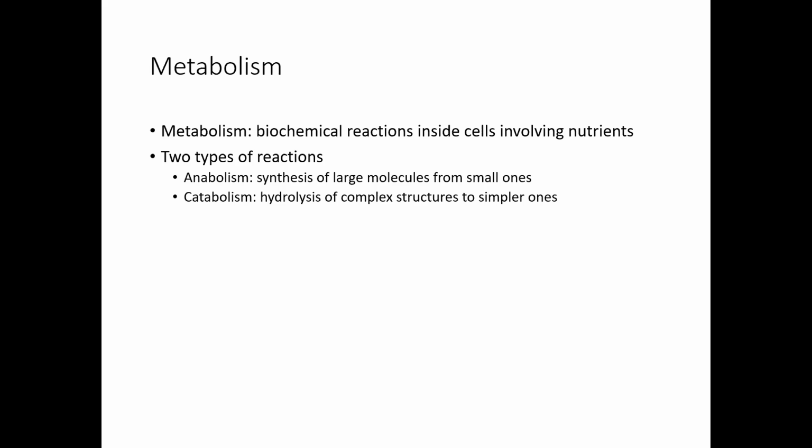That's an anabolic reaction. Sometimes we store it in the form of fat. That's also an anabolic reaction. We build things up. We store energy in these anabolic reactions. It takes energy to build up large molecules, and we're using that energy and storing it in the molecule.